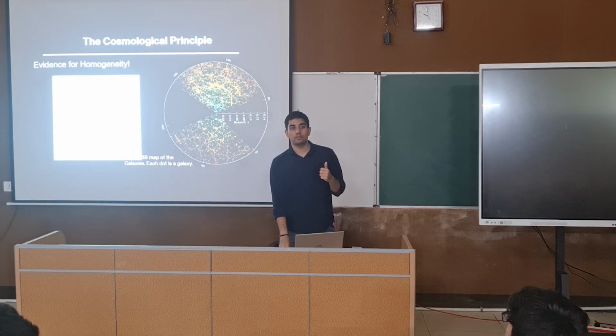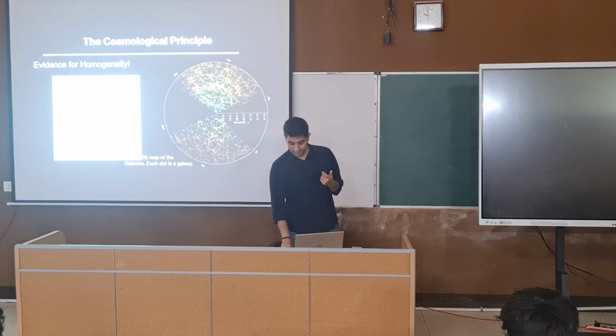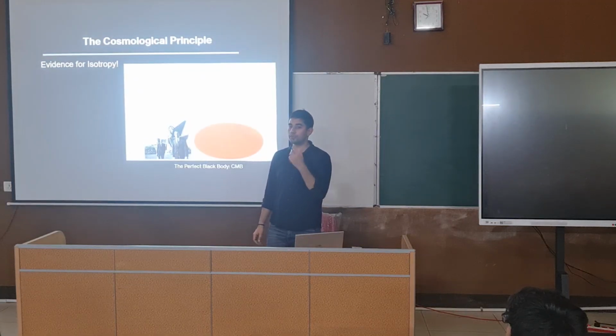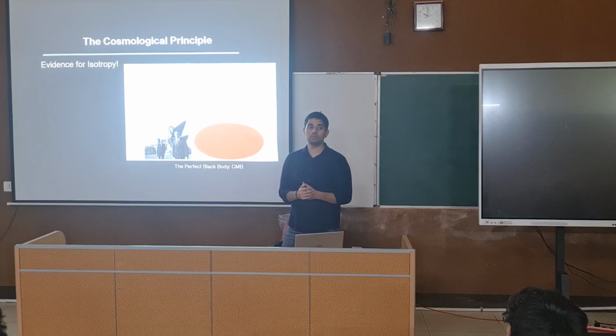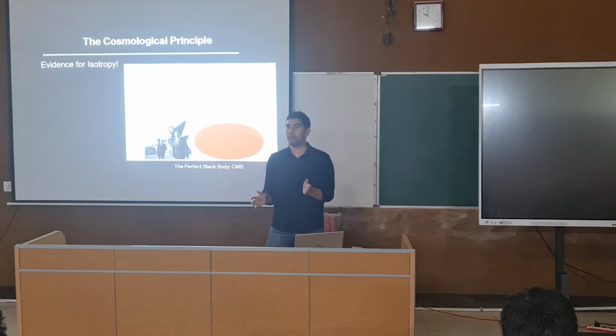Then isotropy. Any idea for how we can observe isotropy in the universe? Nothing? Okay. So one of the earliest proofs of isotropy was something called the cosmic microwave background, CMB. So this is the light coming from the earliest time of the universe, just 300,000 years after the Big Bang.